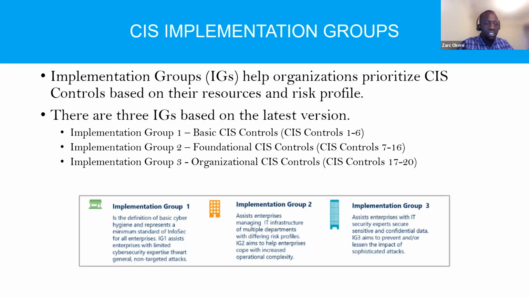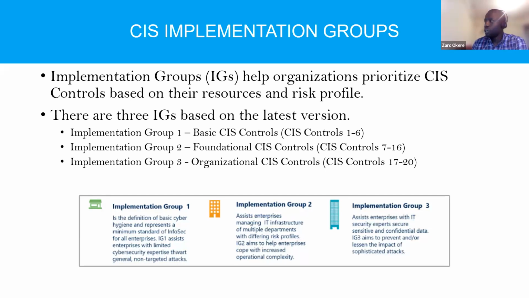So basically, they focus on areas such as inventory, control of hardware, software assets, secure configurations, and also things to do with administrative privileges. If you give out devices and everyone that has this device has got administrative privileges, then you need to think twice. Why have I given administrative privileges to everyone using these devices?